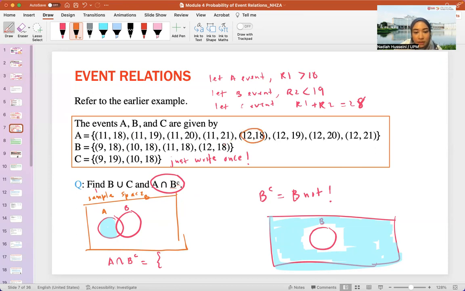We have 12, 18. So this one goes out because it overlaps, right? 11, 18, no, 10, 18, 9, 18, no. So the rest of the outcomes in A that is not overlapping with B is inside this subset.